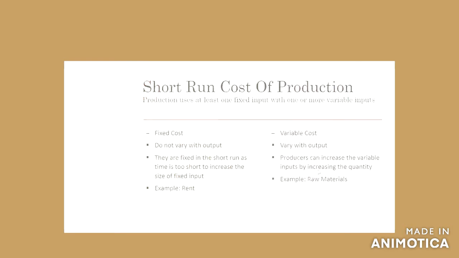Next we move to types of cost. In types of cost, we have short run and long run. First, I want to explain about short run cost of production. As we know, in short run cost, production uses at least one fixed input with one or more variable inputs.